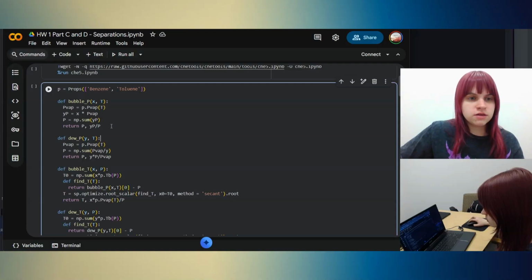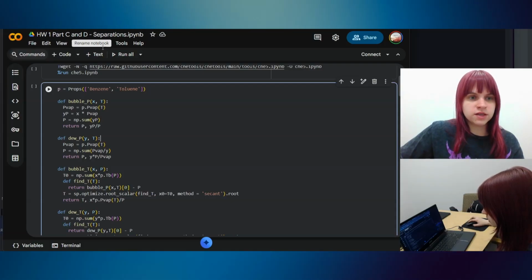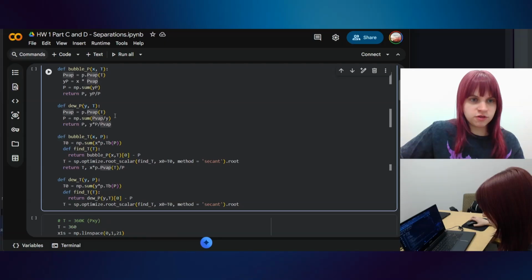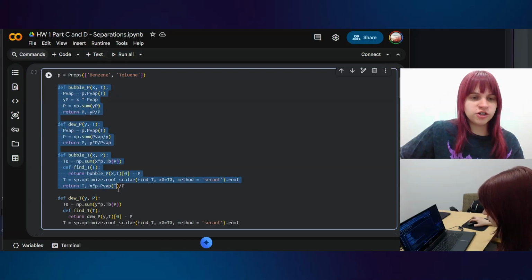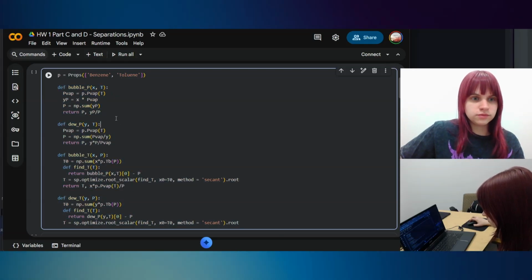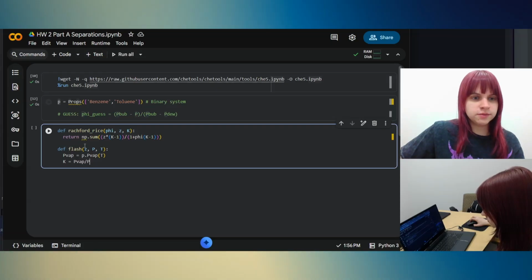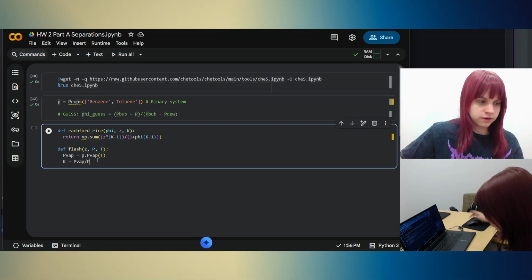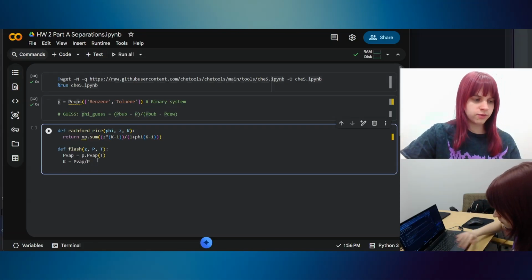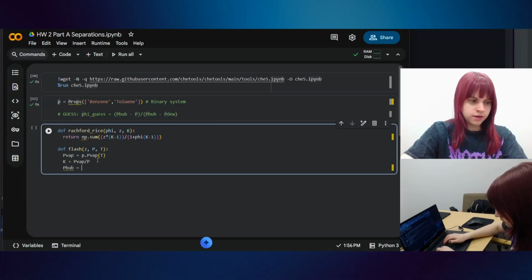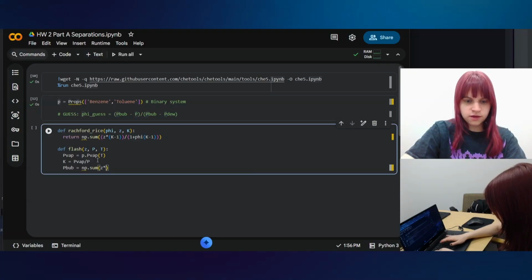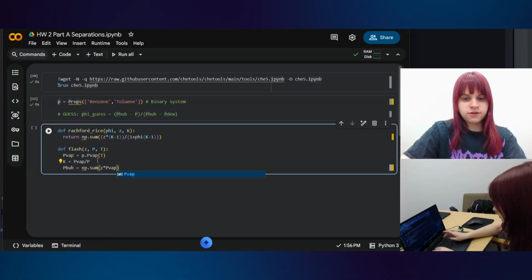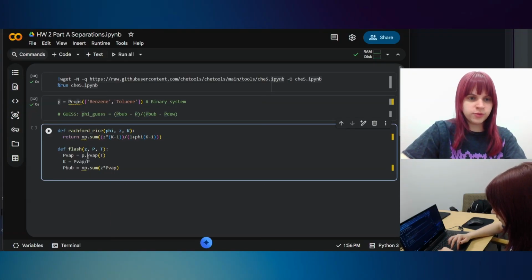And this is the code from homework 1 part C and D, just to remind you that I already went through how to get the bubble pressure, dew pressure, bubble temperature, dew temperature. So I'm just going to simplify this for us. For this case, the bubble pressure is the sum of the feed composition times the vapor pressure, which we calculated up here.